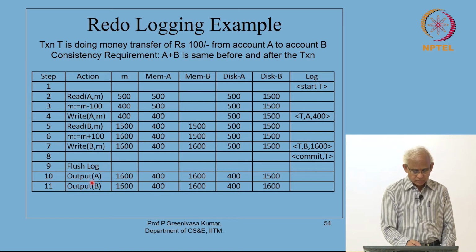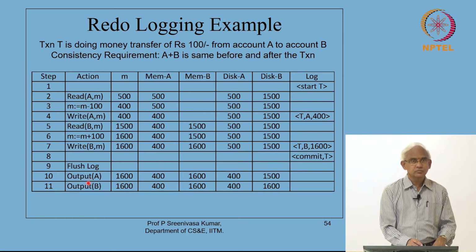Now, in a leisurely manner, there may be some other interleaved operations of other transactions, but at some point of time we will do an output A, output B, where we will send these items to the disk.